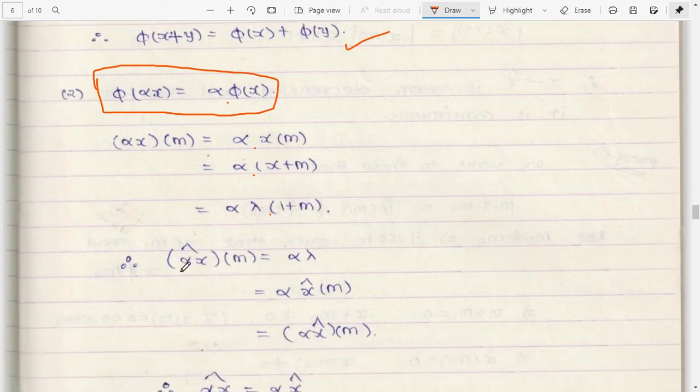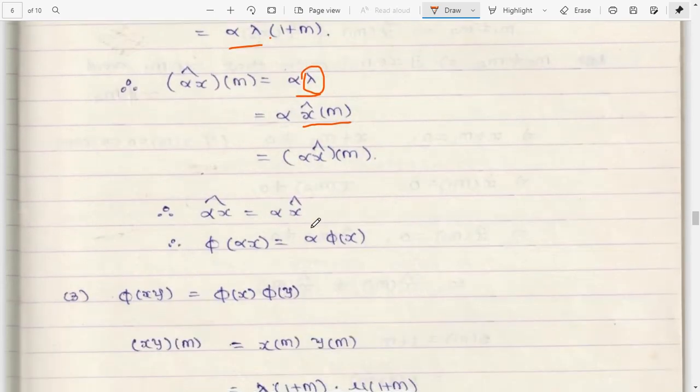Now alpha x cap of m is equal to alpha into lambda, and the value lambda is equal to x cap of m. So alpha x cap is equal to alpha into x cap. So phi of alpha x is equal to alpha into phi of x.